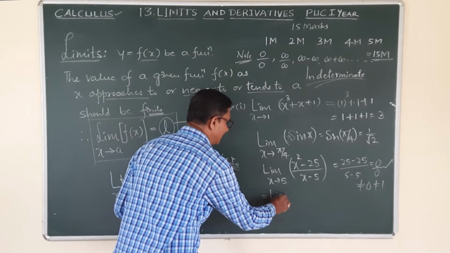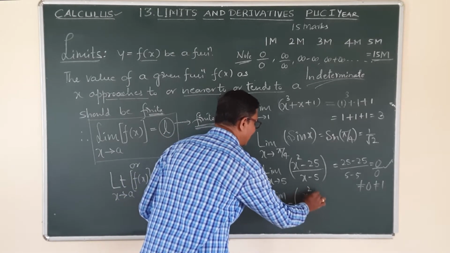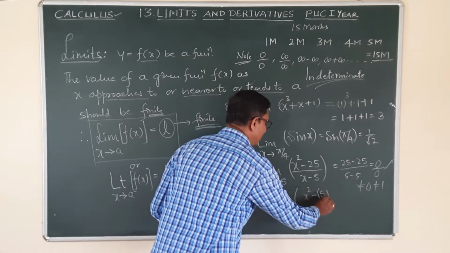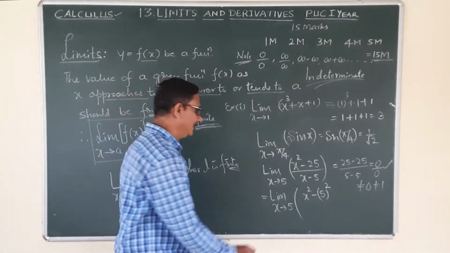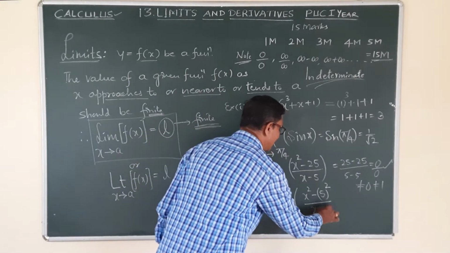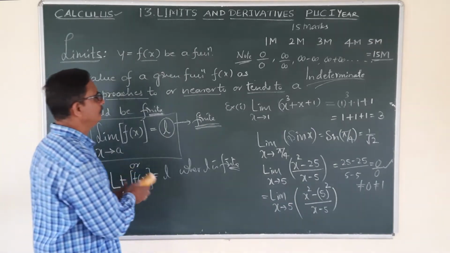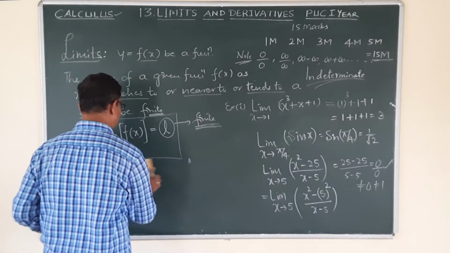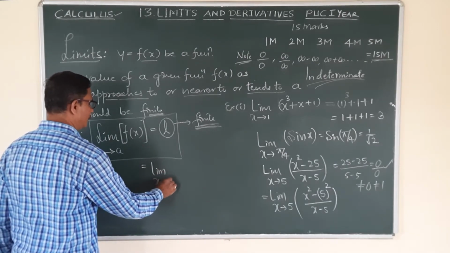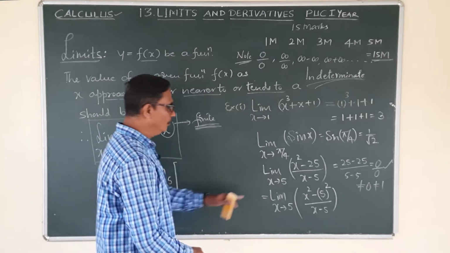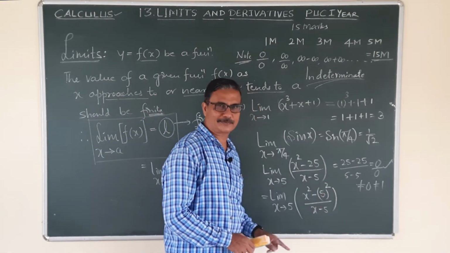Look here. Limit x tends to 5, x square minus 25 is the same as x square minus 5 square, 5 square is nothing but 25, divided by x minus 5. Then simplify. In the numerator, it is in the form a square minus b square.